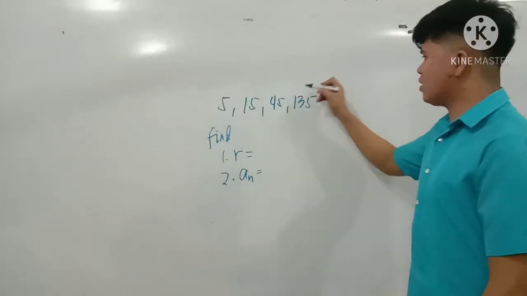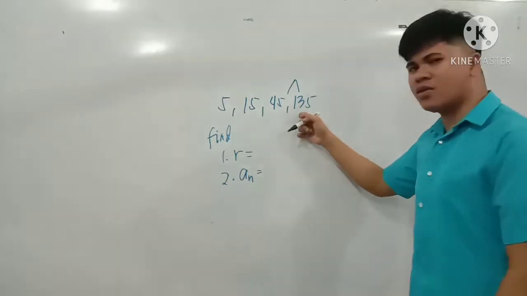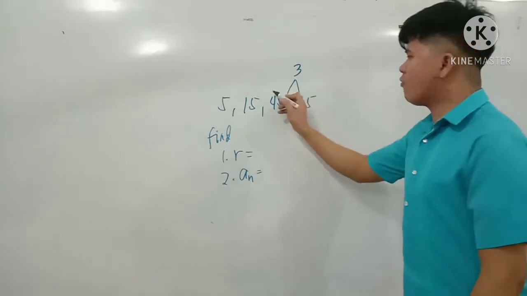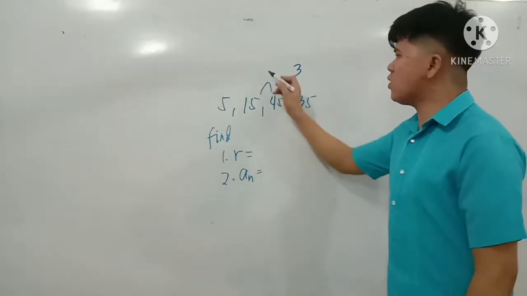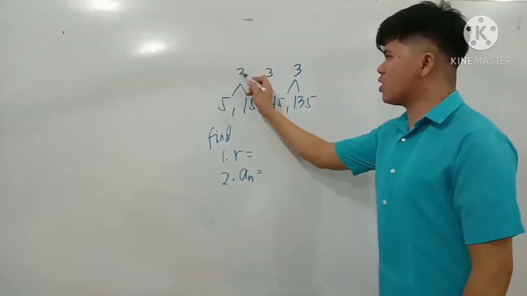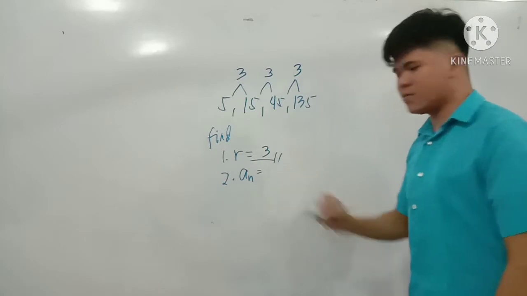So, let's divide. 135 divided by 45 gives us 3. 45 divided by 15 also gives us 3. And 15 divided by 5 also gives us 3. Therefore, our common ratio is simply 3.